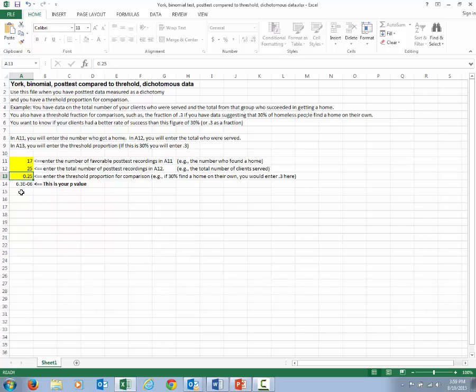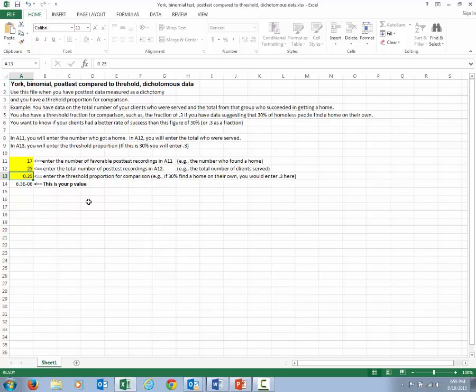E-06 means move the decimal place 6 places to the left. So what you'll have is a p-value of 0.000006.